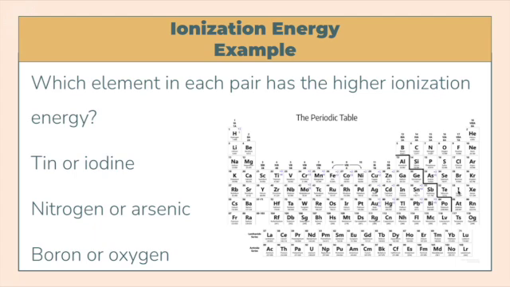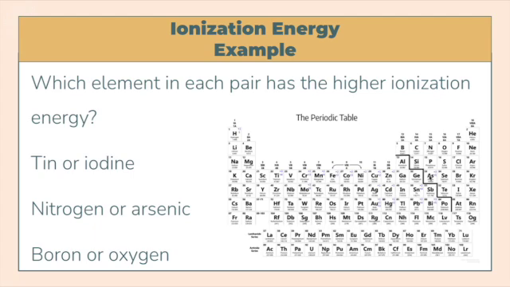These are in the same period, so we compare the number of protons in the nucleus. Iodine has more protons in the nucleus, which increases the Coulombic attraction, which means the electrons are more attracted to the nucleus, and therefore it's going to require more energy to remove one. So iodine would have the larger ionization energy.